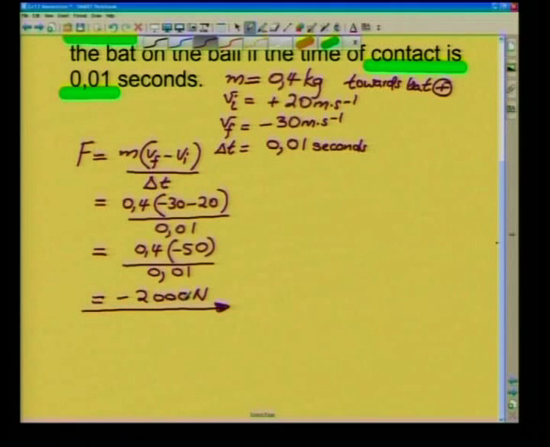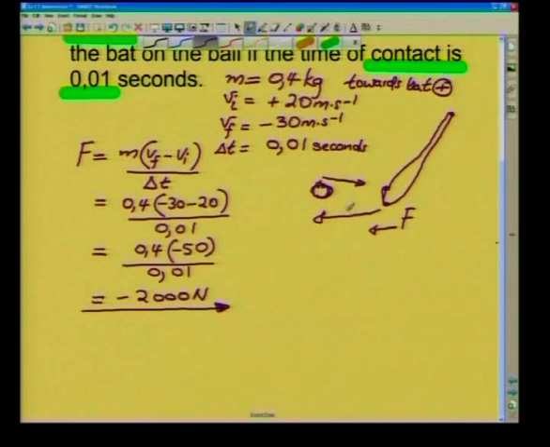Okay, now why minus 2,000 newtons? Remember that towards the bat is positive. So this force was hitting the ball away from the bat. If this is the bat, it's a very bad bat I've drawn, the ball is going towards the bat. The bat then hits the ball, and the ball goes that way. So the force applied by the bat is in this direction. And we said towards the bat is positive.